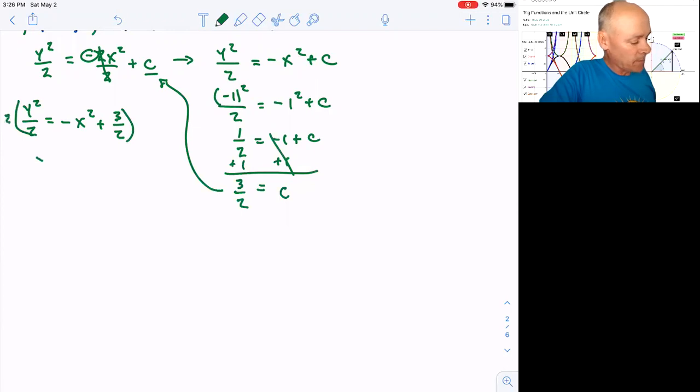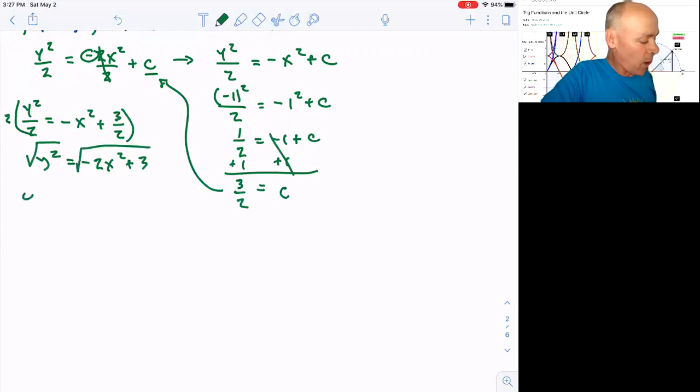I'm going to get y squared is equal to negative 2x squared plus 3. And then I want to take the square root of both sides of my equation. I'm going to get y is equal to plus or minus, don't forget the plus or minus, the square root of negative 2x squared plus 3.